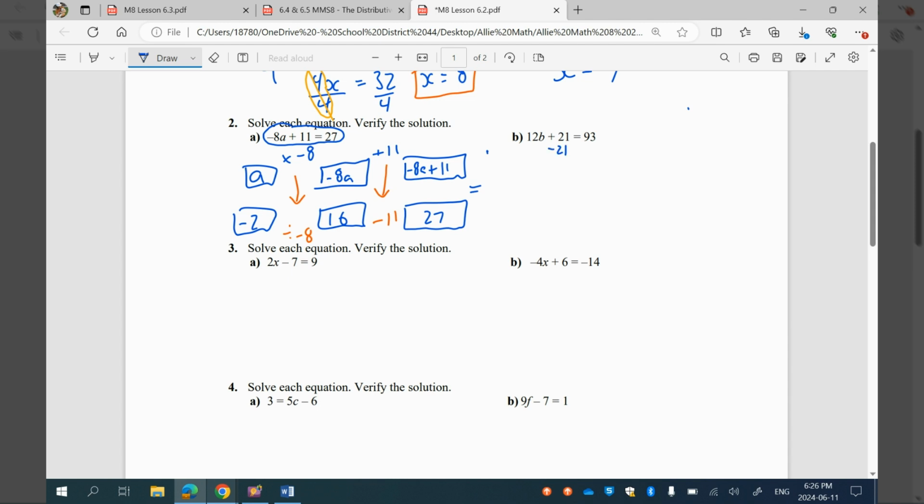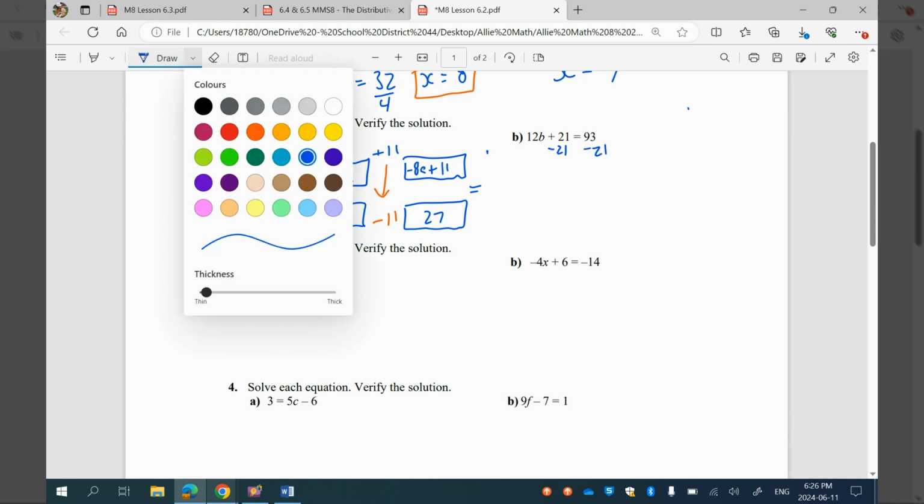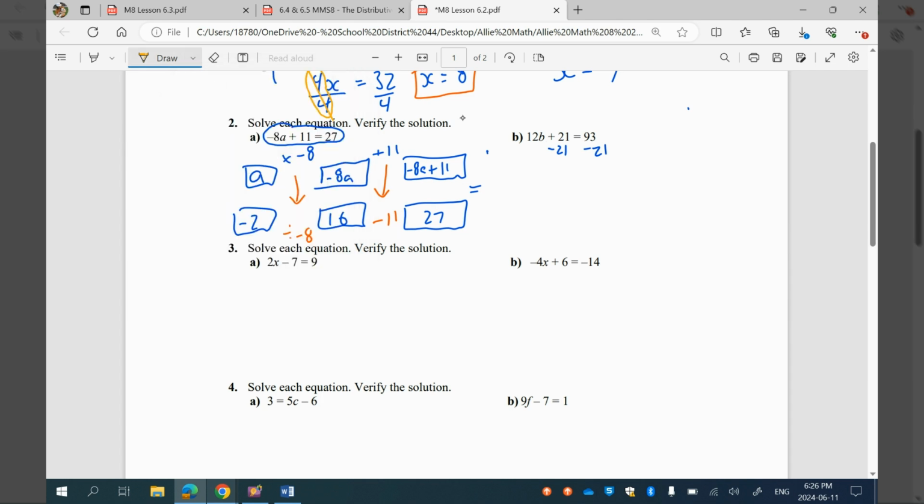And we want our equation to remain balanced, so we need to subtract 21 from each side. So if you have a positive 21 and a negative 21, that's going to zero out, and we're left with 12b equals 92 minus 21. That would be 71, and then 72.